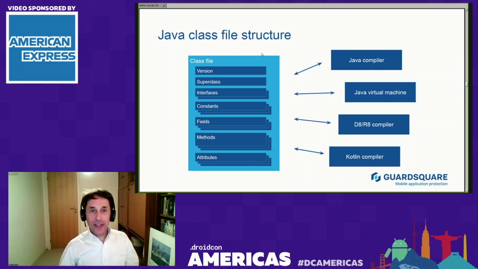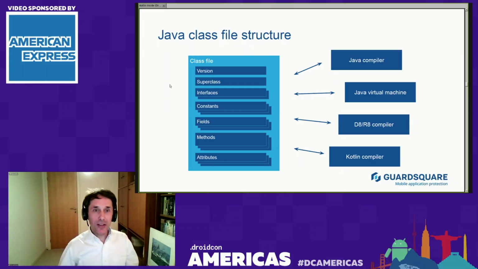And this format is standardized, and it's of course understood by the Java compiler that generates it, or the Kotlin compiler that generates it from Kotlin source code. And it's also understood by the Java virtual machine, which executes the bytecode. And it's understood by the D8 and R8 compilers, which transform the Java bytecode into Dalvik bytecode, which is functionally equivalent, but yet another different format.